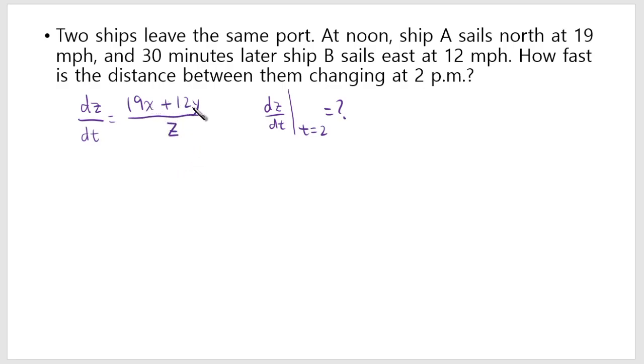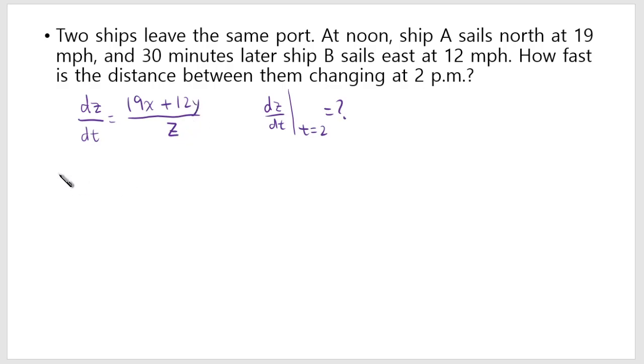And once we know those values, we should also be able to figure out what z is using geometry. So this is not an answer, because in related rates, usually you're looking for the answer as a value, and this is not a value, it's a function of x and y and z. So we have to figure out x, y, and z in order to answer this question.